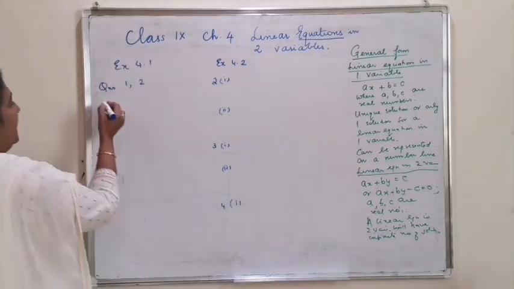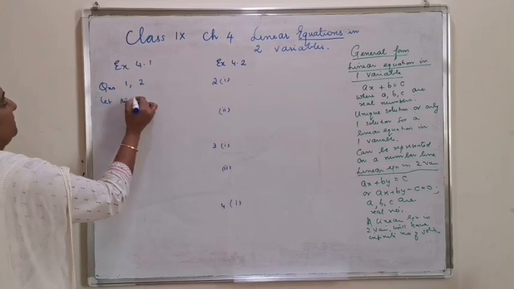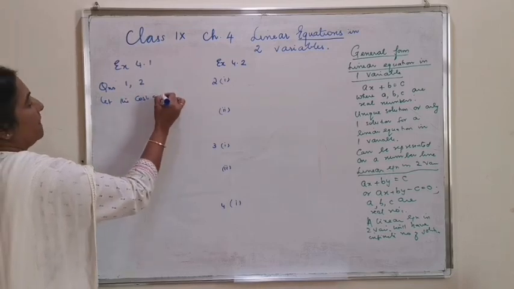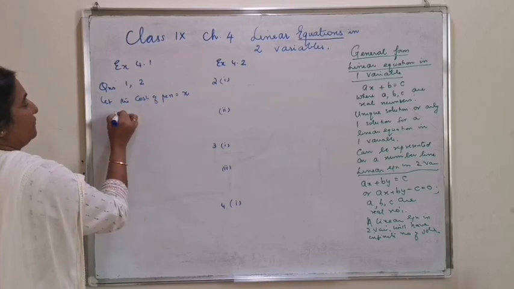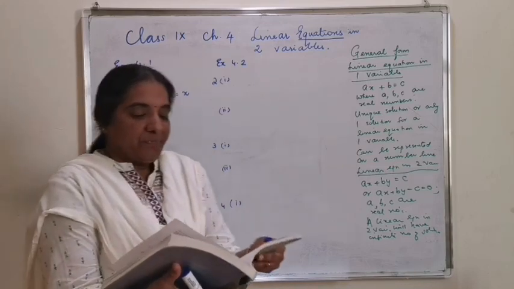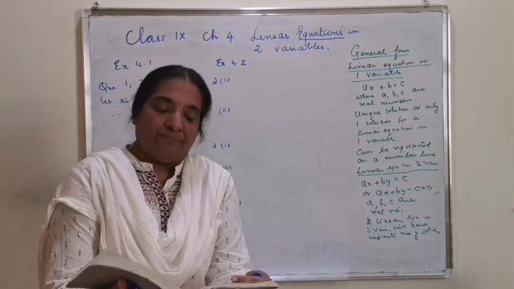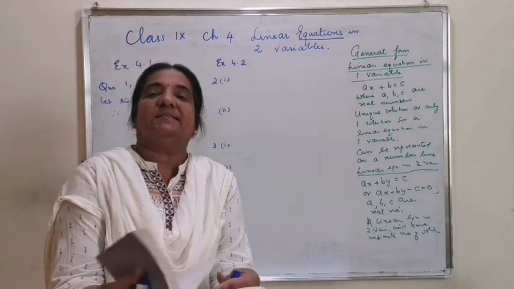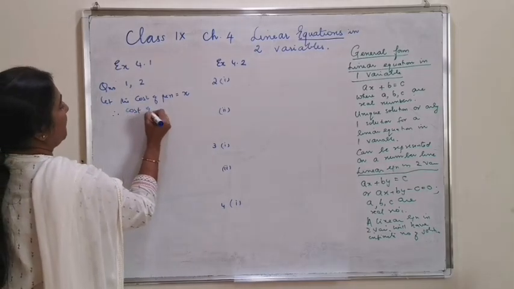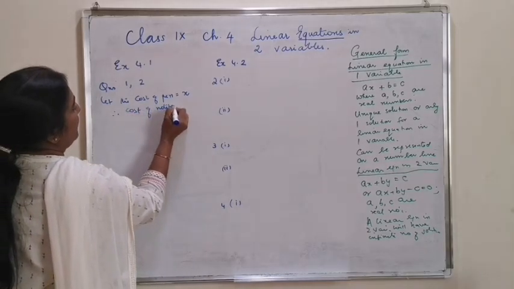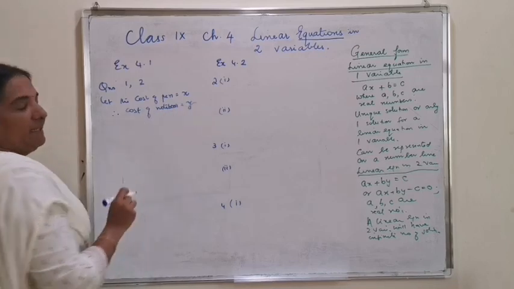Let the cost of the pen be x. The cost of the notebook is twice that of the pen, and let the cost of the notebook be y.